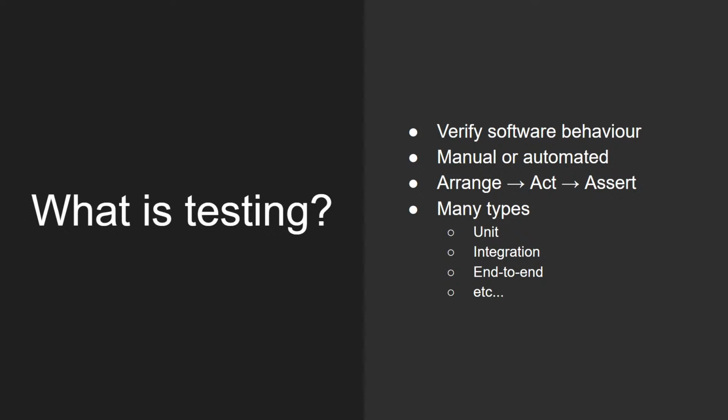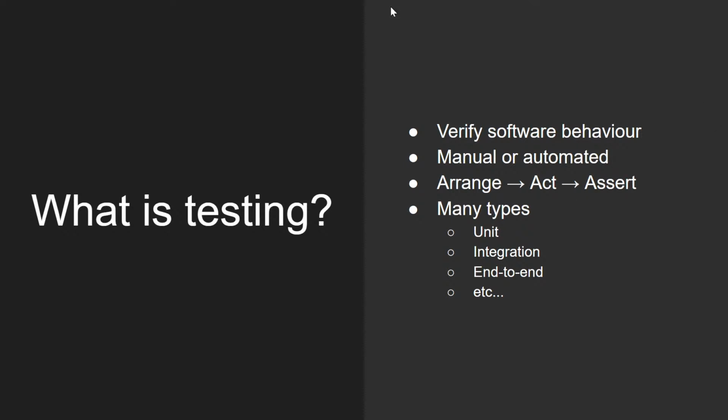But usually it's automated, which means we write automated tests in the form of arrange, act, and then assert. We set up the test, any variables or data we need, and then we act. We do some sort of action on the piece of software that we're testing, and then we evaluate to see if the action had the desired behavior. If it did not, then the test failed, obviously.